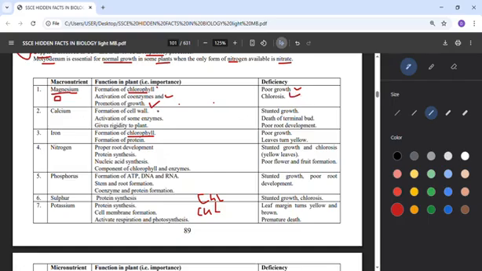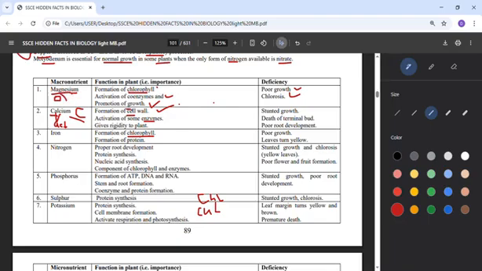Calcium will help in the formation of cell wall. You can use the letter C of cell wall to remember calcium. Calcium will help for cell wall and activation of some enzymes. We can also use the AC in calcium to remember activation, to activate enzymes. Then for magnesium, you can use the letter G to remember growth.